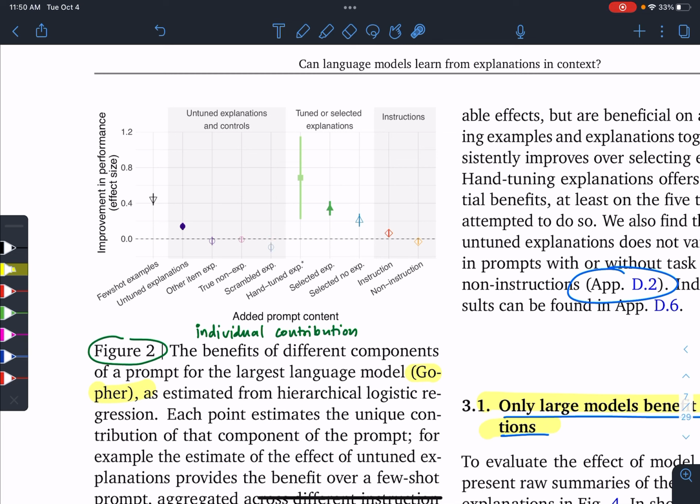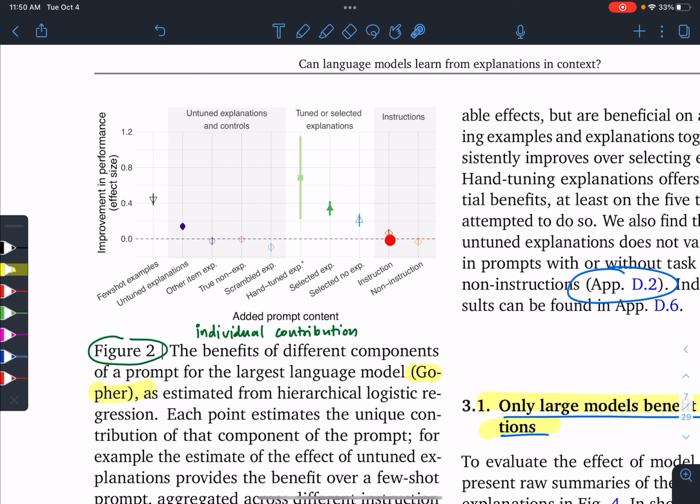Hand tuned, anything which is selected or involves more human labor, and which are more tuned versions, either in selecting the examples or tuning the explanations, gives a big boost. Instruction versus non-instruction: the instruction provides a little bit of a boost, but not a lot.